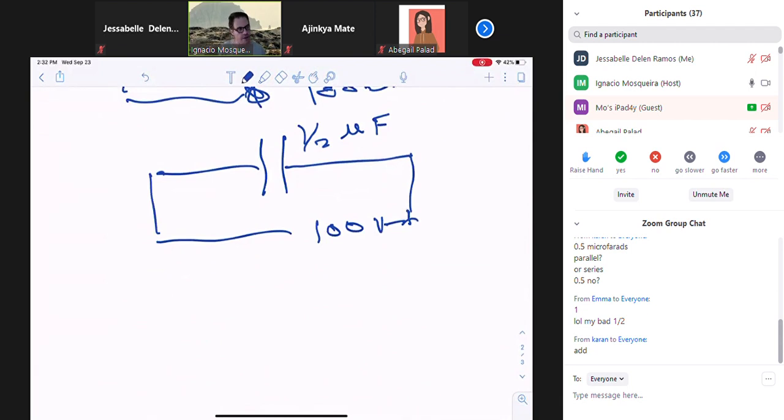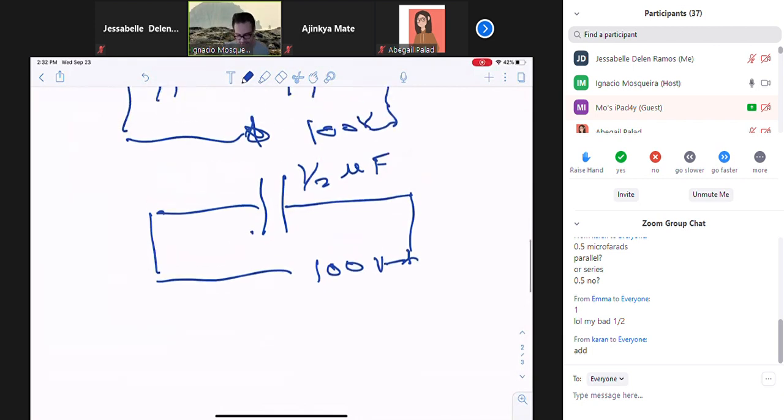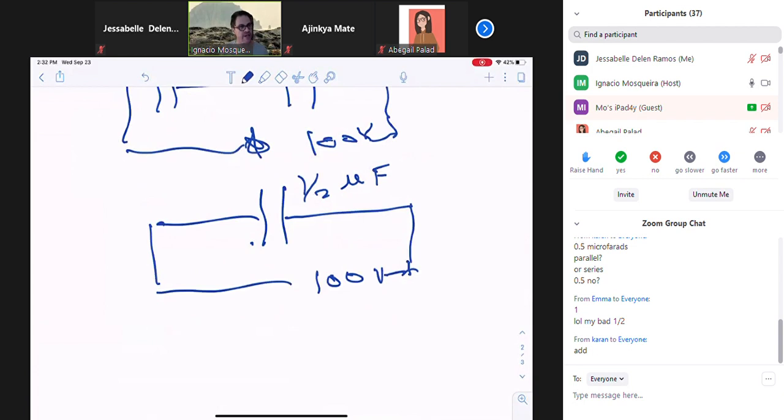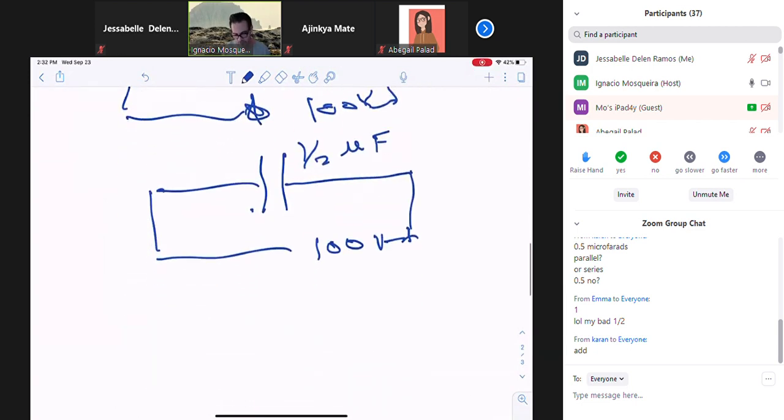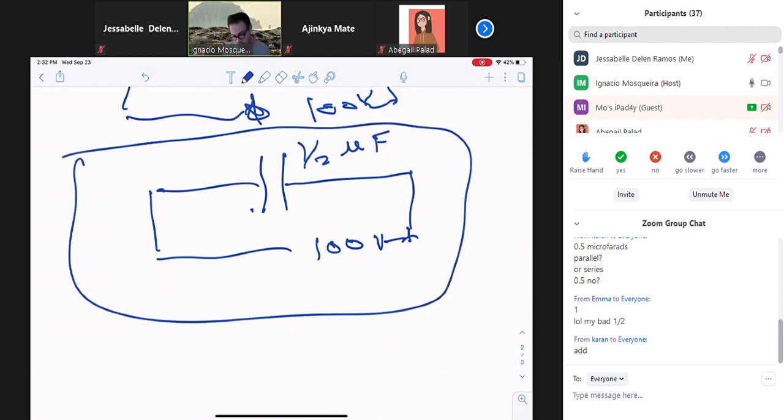Okay, let's start with the charge on the equivalent capacitance first. We have to eventually get back to the charge on this capacitor here, but let's start simpler. You have this equivalent capacitance, and I want to know the charge on this equivalent capacitor.